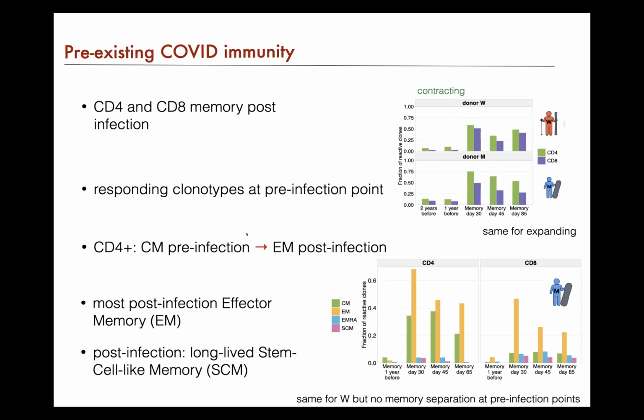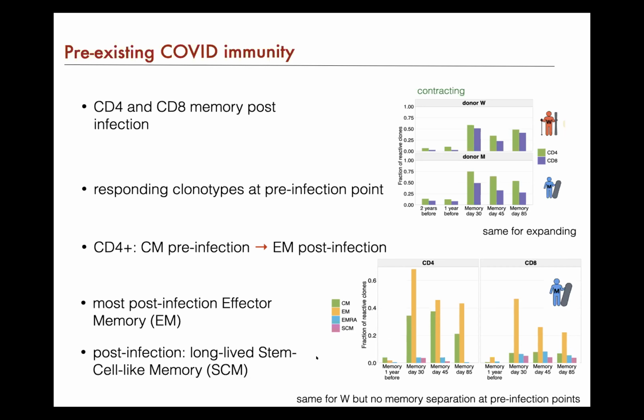And interestingly, if we again look in donor M, in CD4 cells, the responding clonotypes, the contracting ones, at the pre-infection time point were mainly in the central memory pool, and there was a phenotype switch of these clones. This is not shown here in the data, but the clones here that are in central memory become effector memory post-infection.